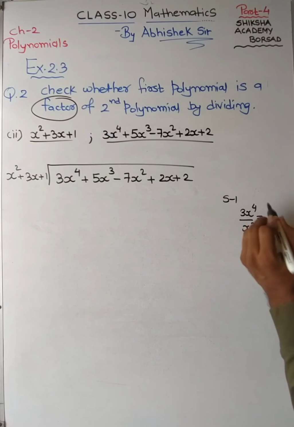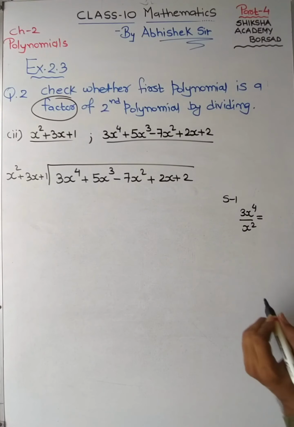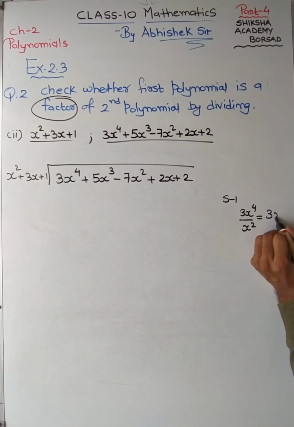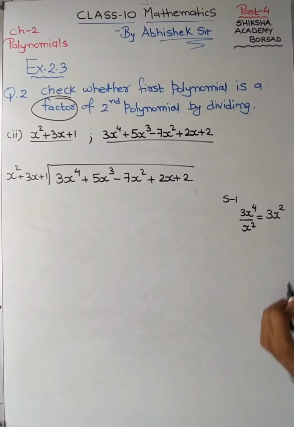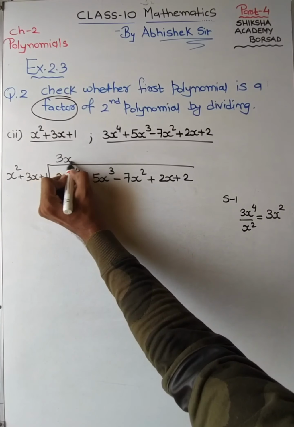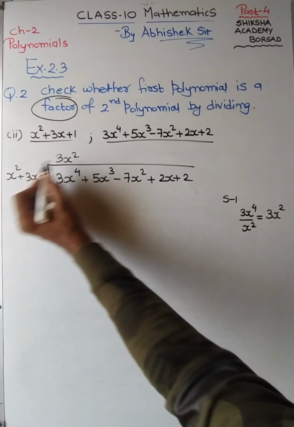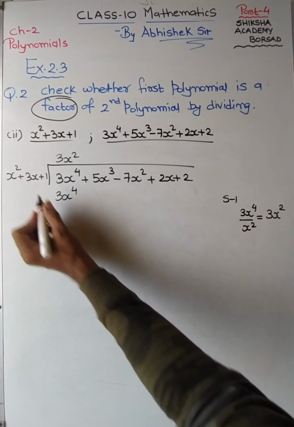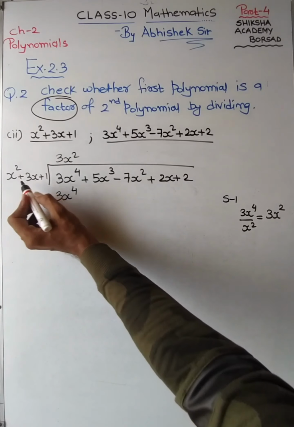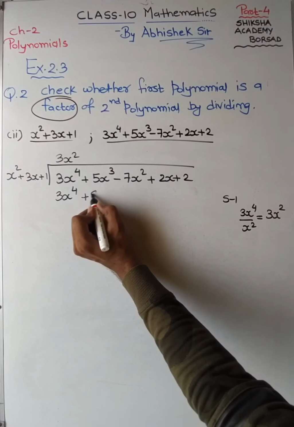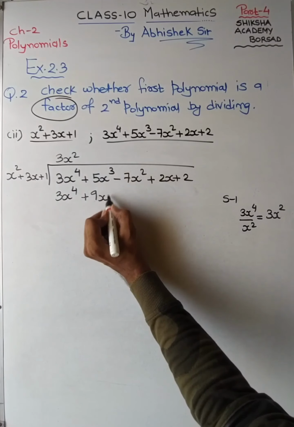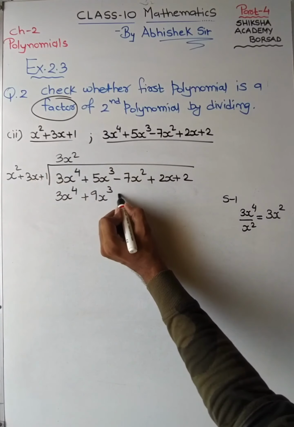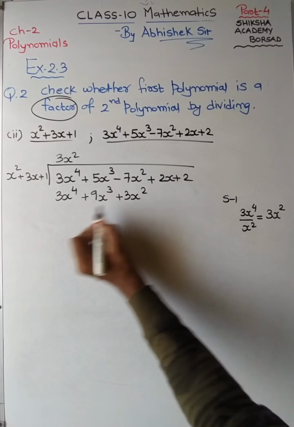is 3x raised to 4 upon x square. So that will give you 3x square. Writing 3x square over here and multiplying 1 by 1. X square into 3x square, 3x raised to 4, 3x into 3x square, 3 into 3 is 9, x into x square is x cube. 1 into 3x square is plus 3x square.